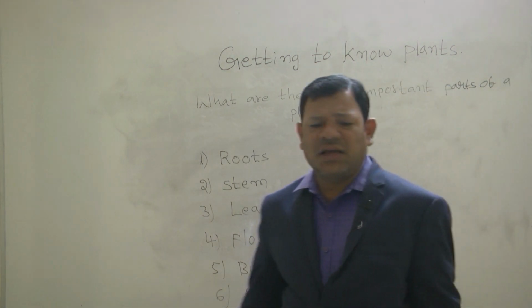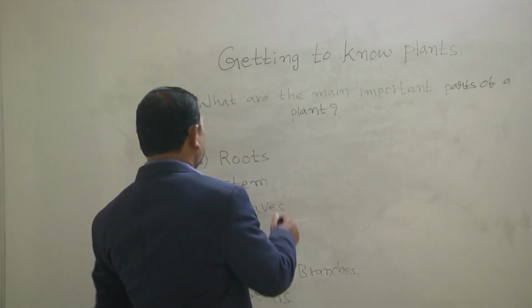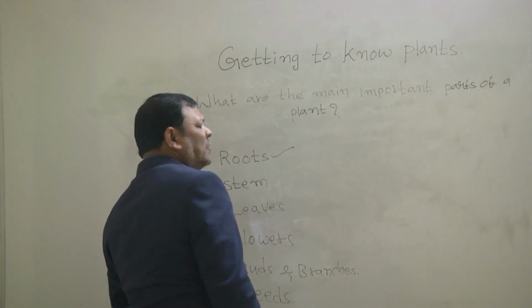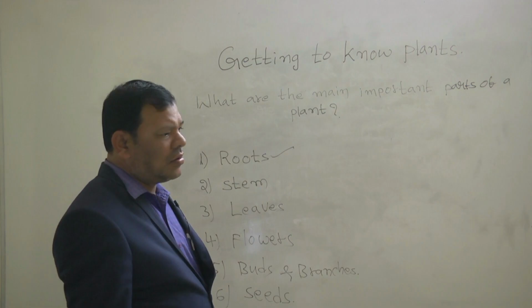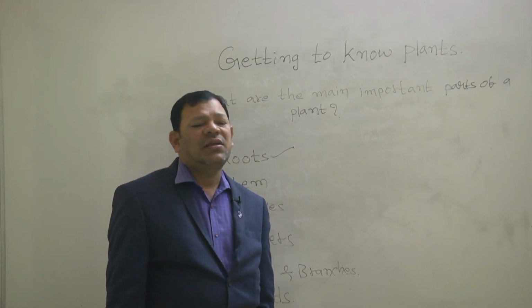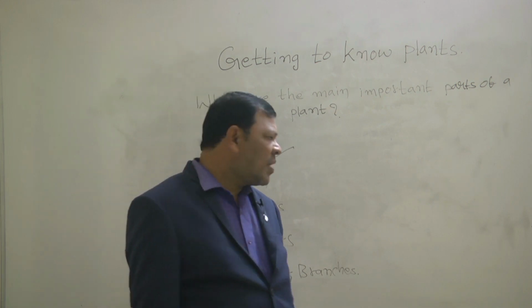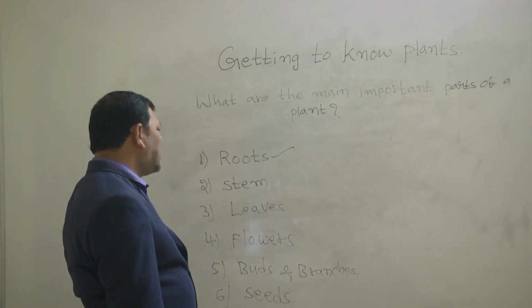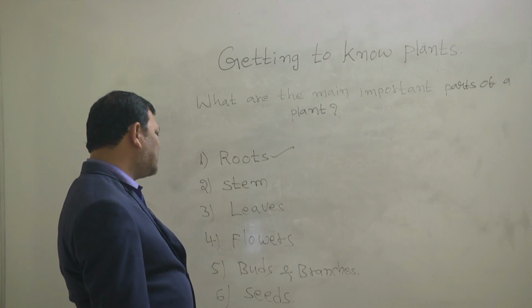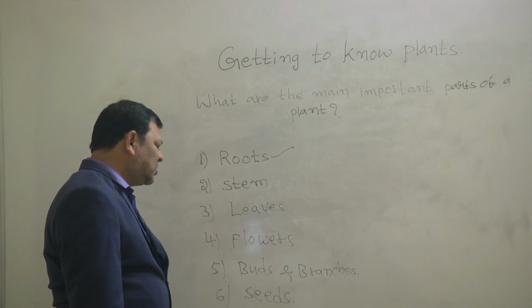So what are the parts of the plant we can see in a plant? In the plant we can see that roots are present, stem is present, leaves are present, flowers are present, buds, branches and seeds.